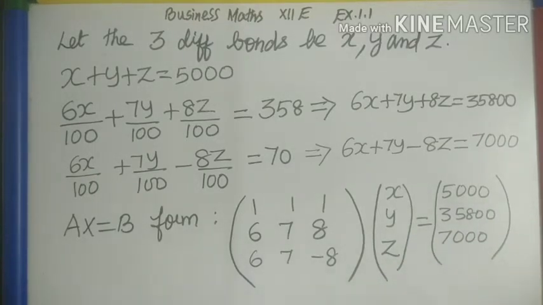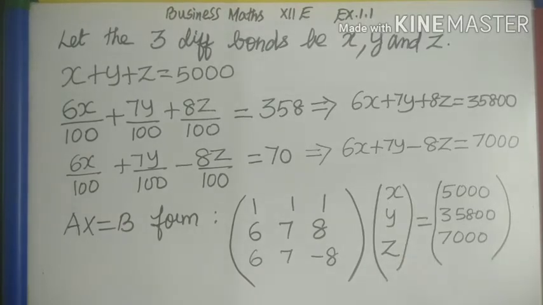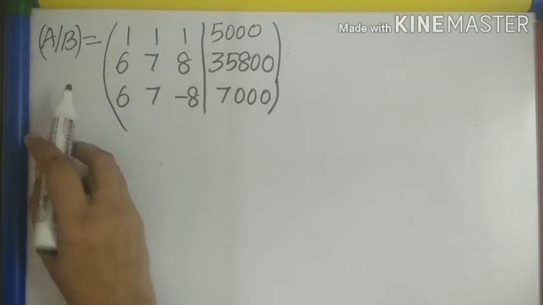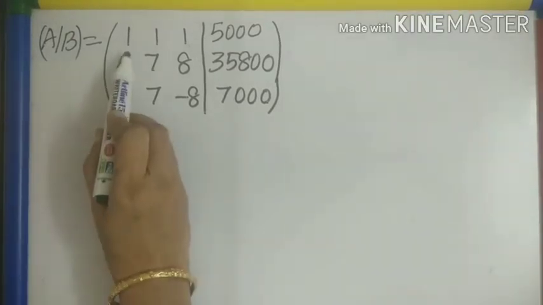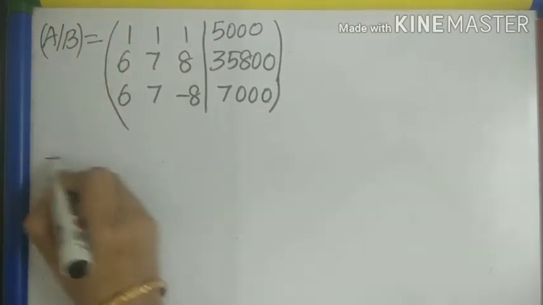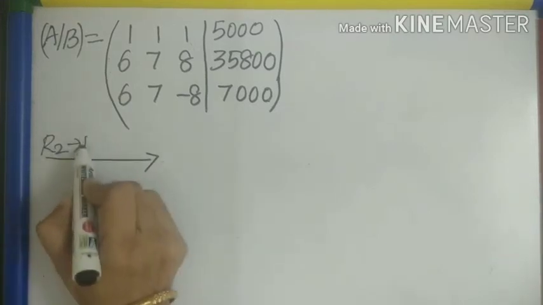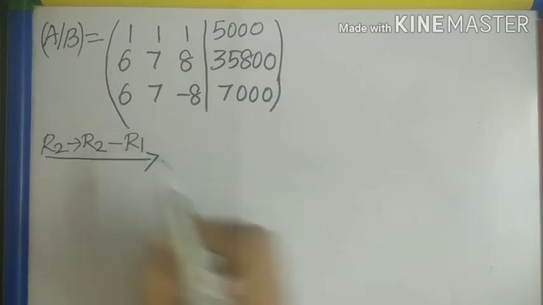My next step is to find the augmented matrix, that is join A and B. So we have written the augmented matrix. Now first row, first element is 1. To bring zeros in second and third row, what is our procedure? We write R2 becomes R2 minus R1.